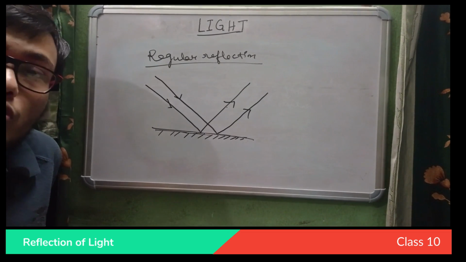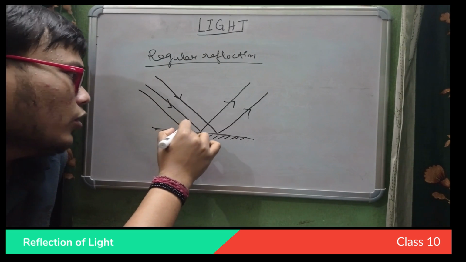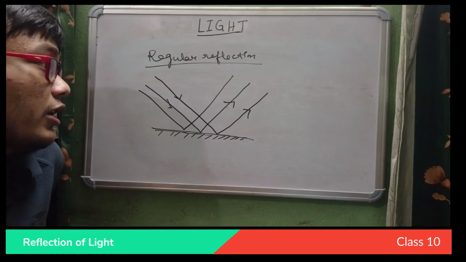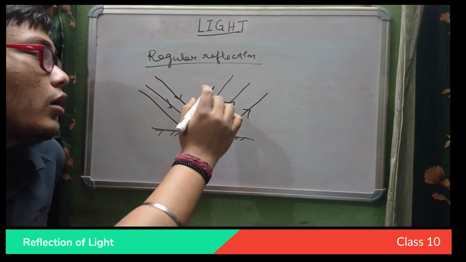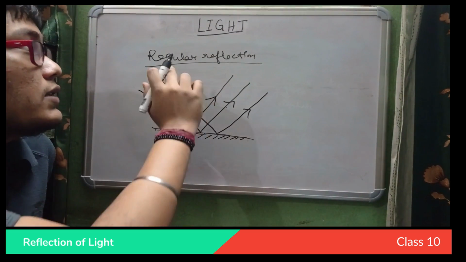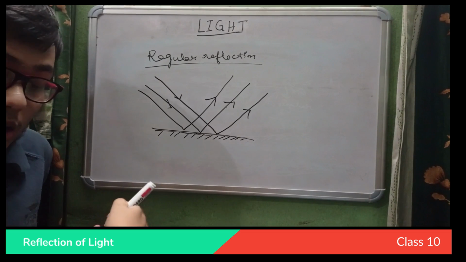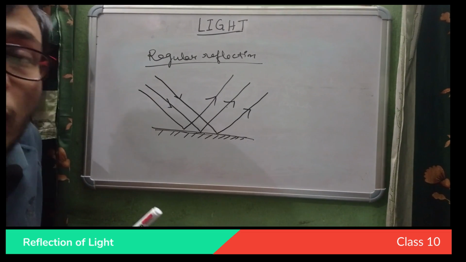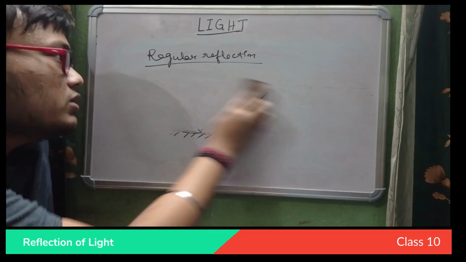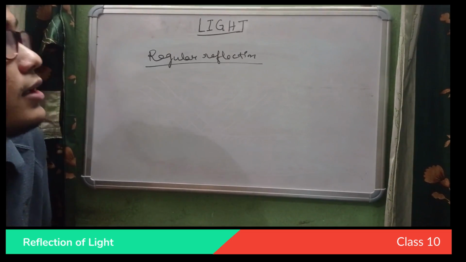So when parallel rays fall on a polished and opaque, even surface, the reflected rays are also parallel in nature. This is known as regular reflection.